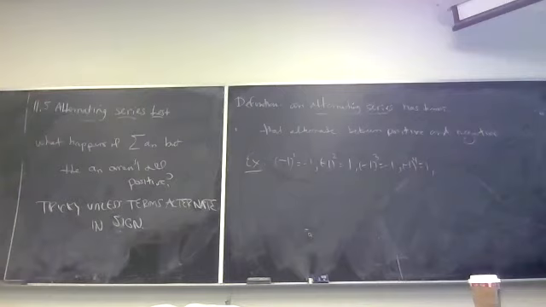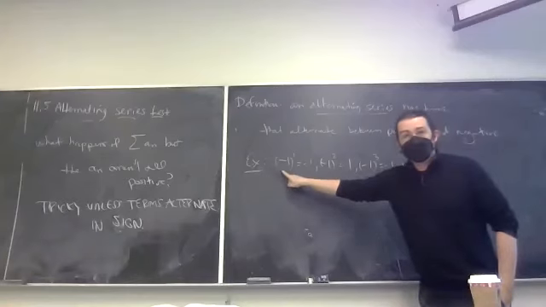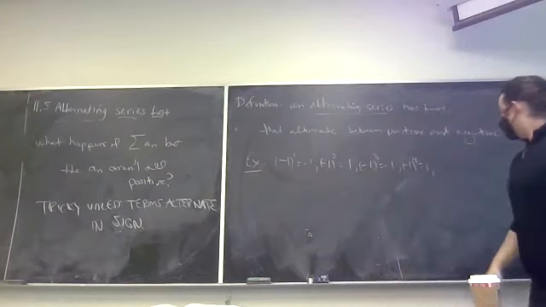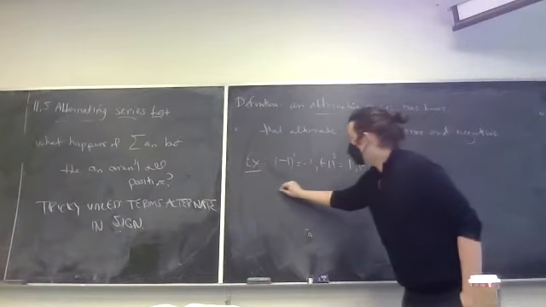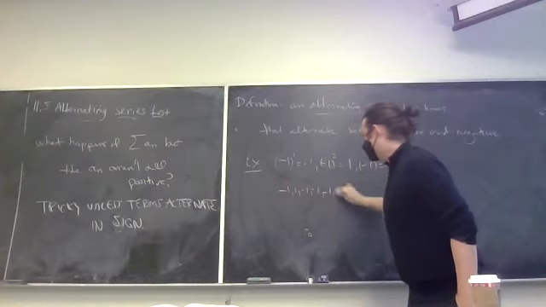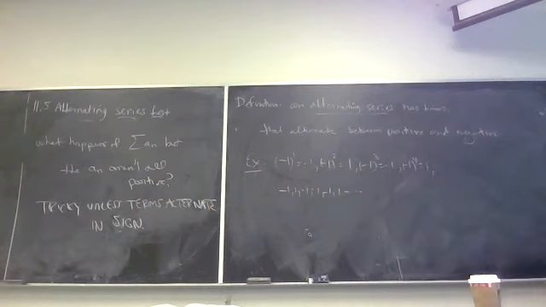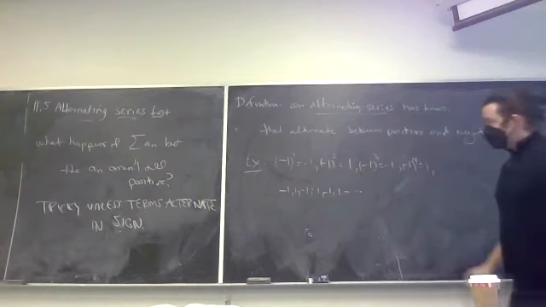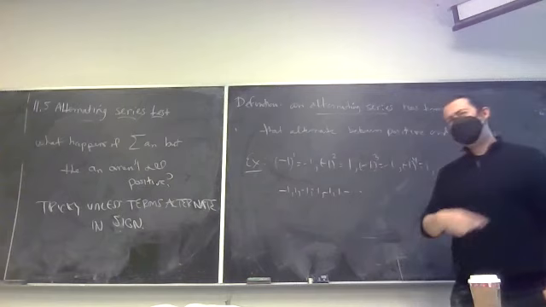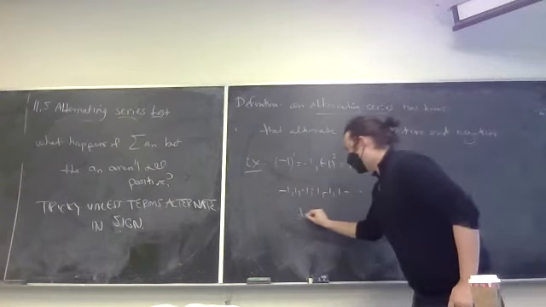And so every alternating series can be written with a power of -1 floating around in the formula. Okay? So -1, 1, -1, 1, and so on. And way back when we defined series, we noted that this is divergent.